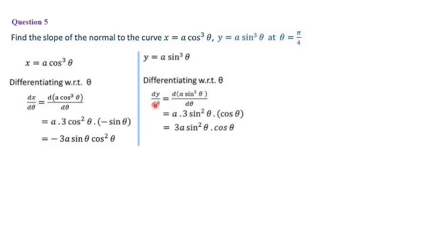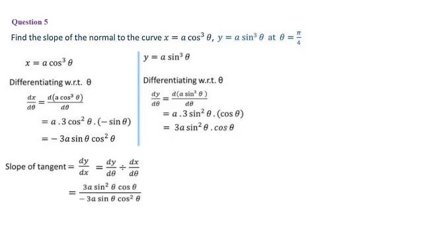Then dy by d theta is here, dx by d theta is here. We want dy by dx, so simply divide these two. Dy by dx is equal to dy by d theta divided by dx by d theta, because in the numerator we want dy. Dy by d theta we have got as 3a sin square theta cos theta.